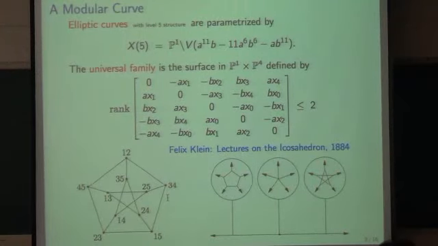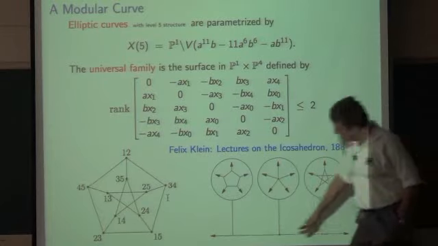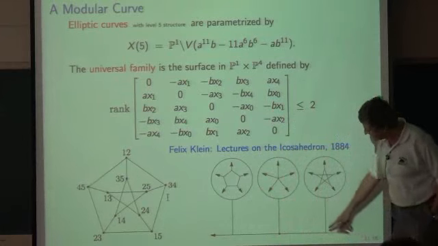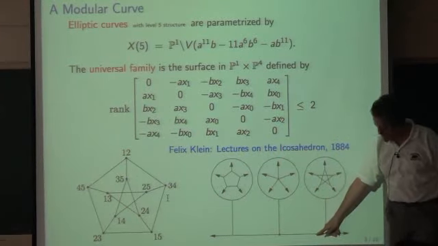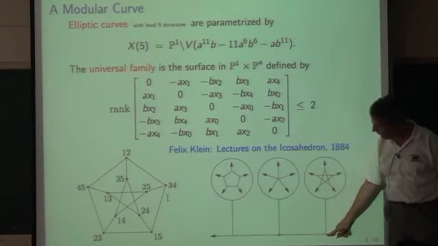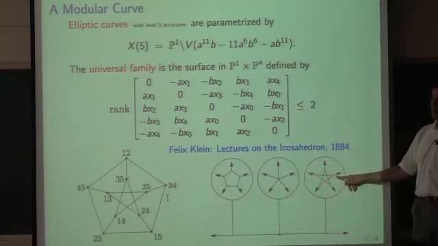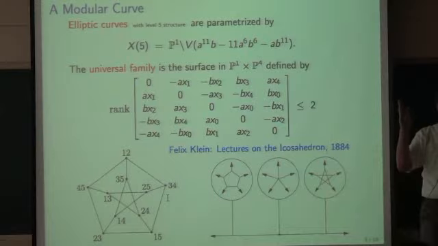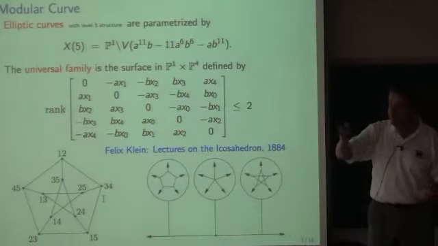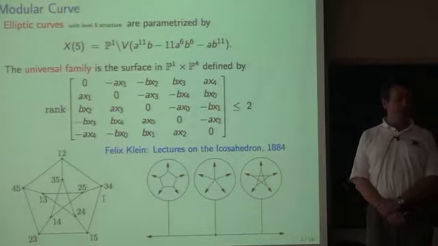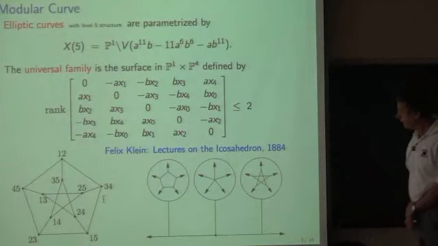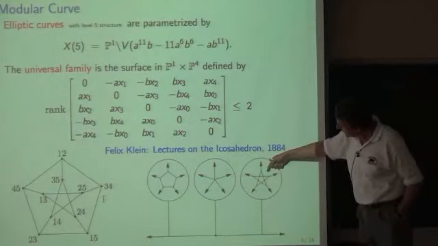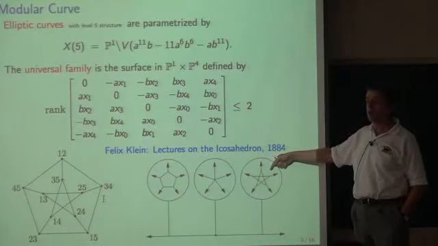Let's take that surface and project it onto the AB line, and then the picture looks like this. So for a fixed point on the tropical AB line, so if I fix the valuation of A and B, the fiber will be a curve. Right? If I have a two-dimensional fan and I map it onto the line, then every fiber will be a graph, and the graph will be the tropicalization of that elliptic normal curve.